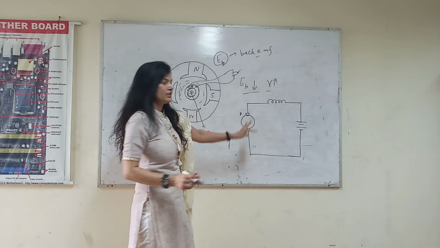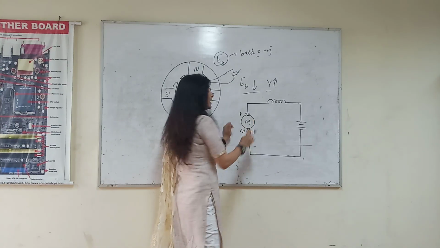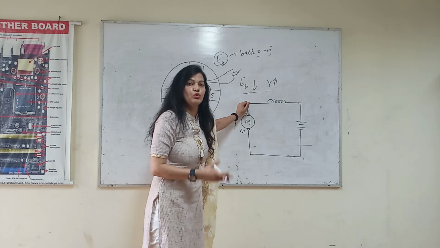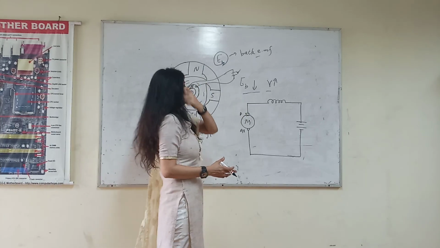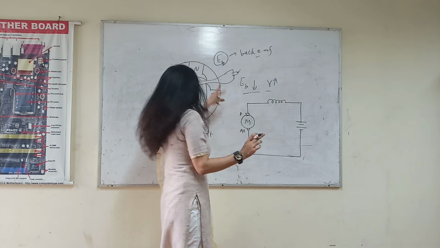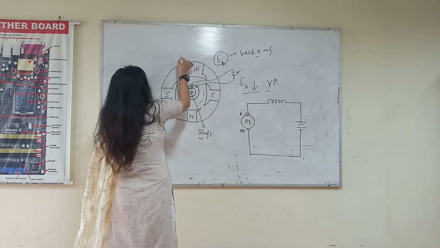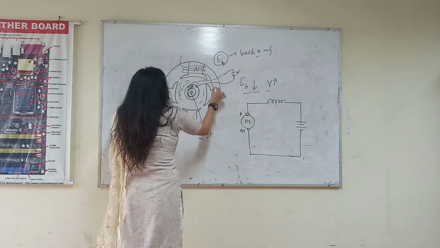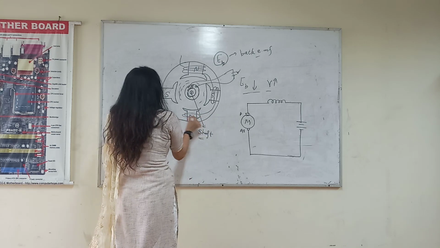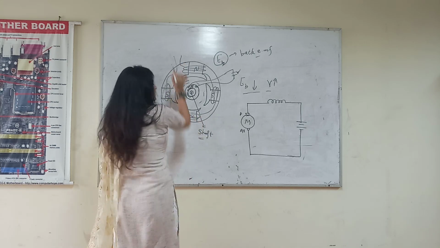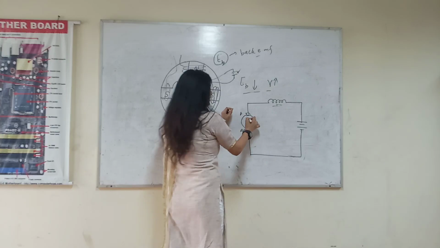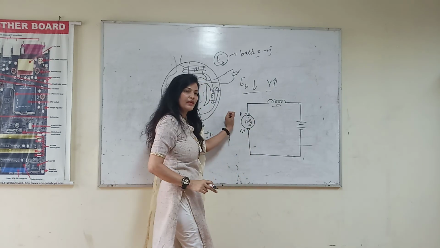This is the symbolic or equivalent circuit of a DC motor. In this, there is a field winding over here. This is the field winding, and here is the armature, which has the armature winding.